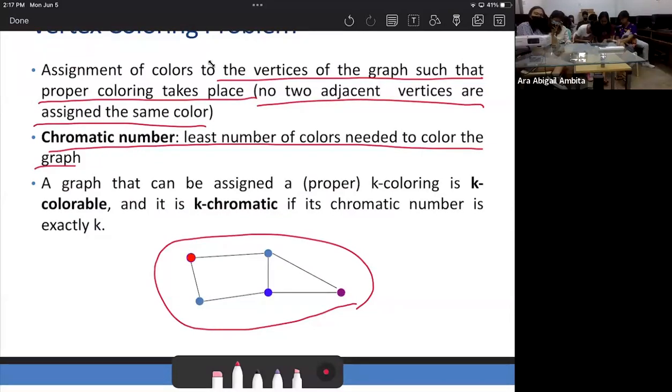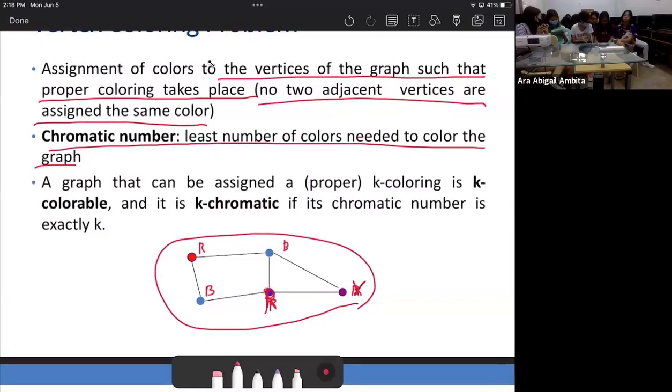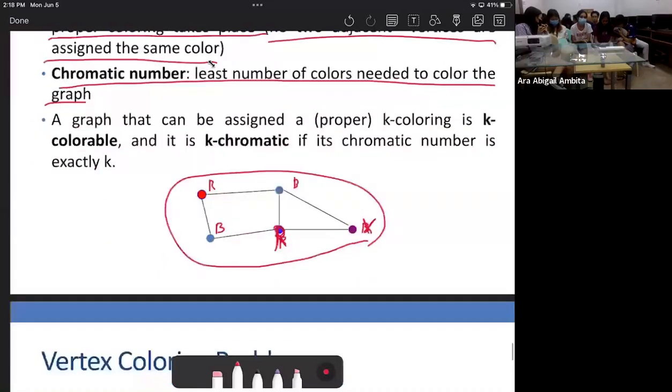So that's the problem of vertex coloring. I will not follow the colors here. For example, this is red, meaning its neighbors are two blue. We can actually make this one red. And then we cannot make this blue because it is adjacent to violet. So how many colors will we use here? Three, right?